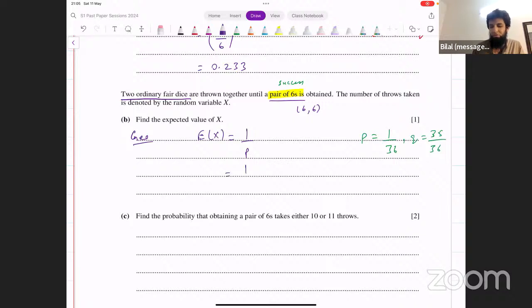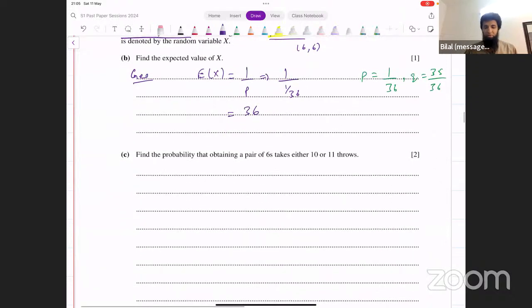So that's 1 over 1/36, and that gives you 36 as the result. That's the expected value. For binomial, it's np. For geometric, it's 1 over p. Now, find the probability that obtaining a pair of 6s takes either 10 or 11 throws. Pair of 6s, again, we're talking about pair of 6s.